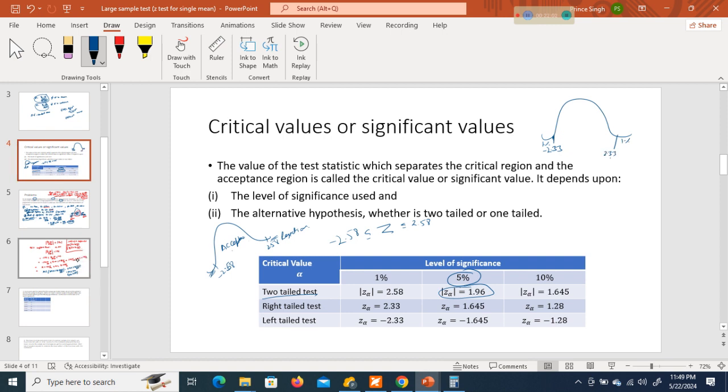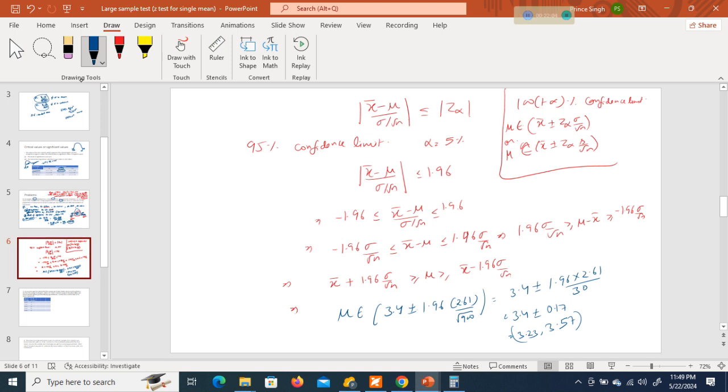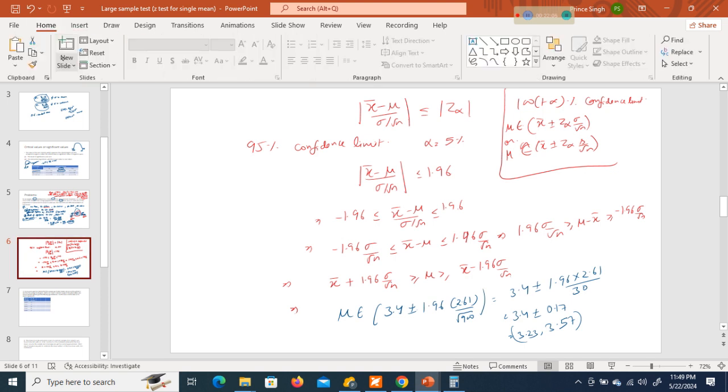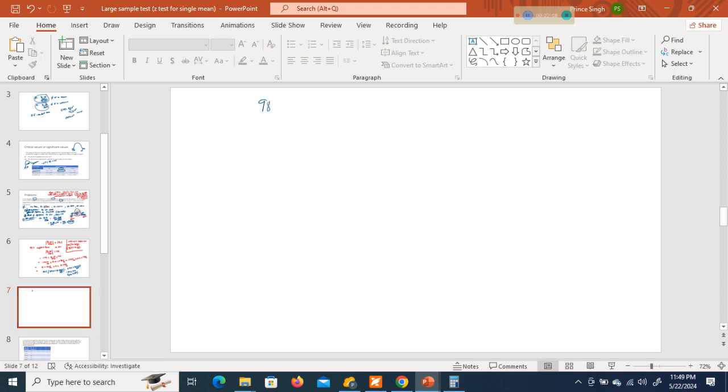Okay, so what is the formula for 1%? Or sorry, the 98% confidence limit is mu belongs to x bar plus minus z alpha, that is 2.33, sigma upon square root of n.